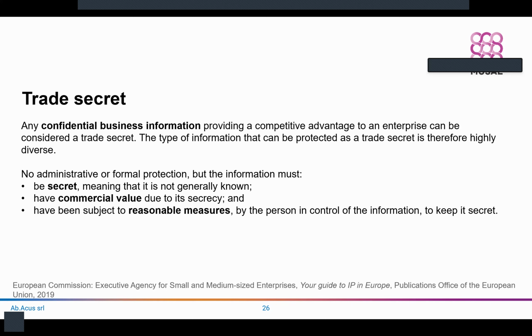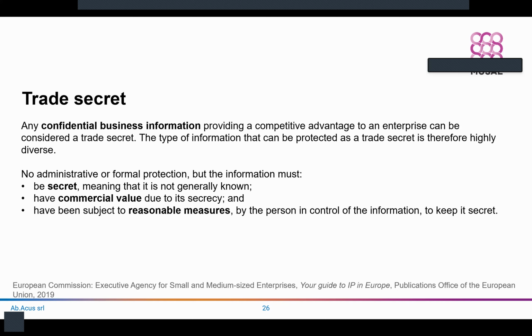Because if you are able to demonstrate that you keep your development, your information, secret, then you have some legal, how can I say, some legal protection in case someone takes your development.